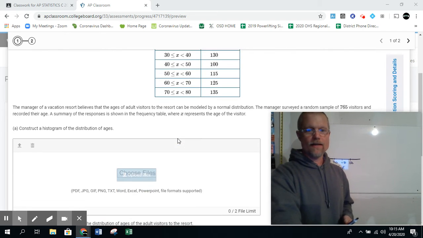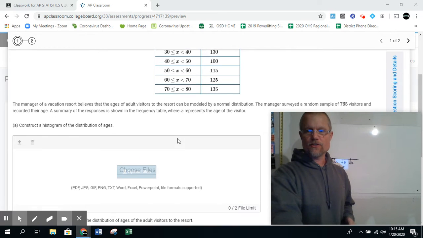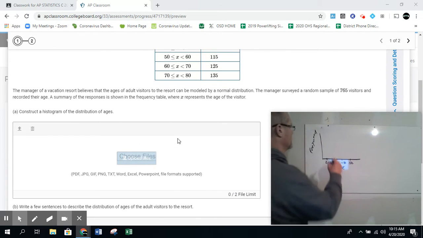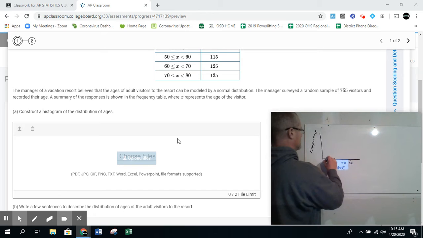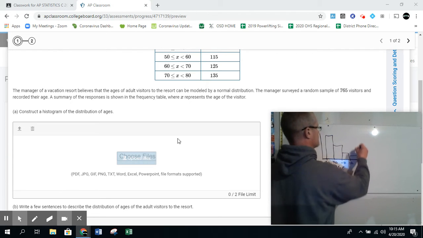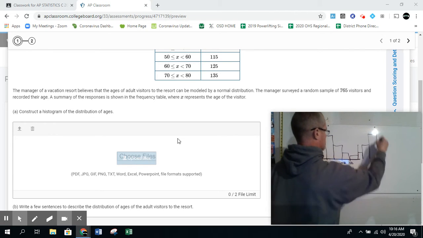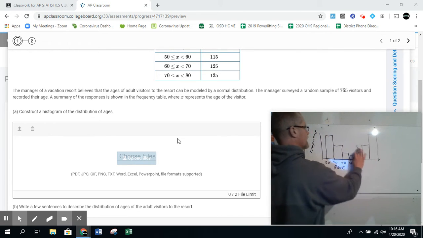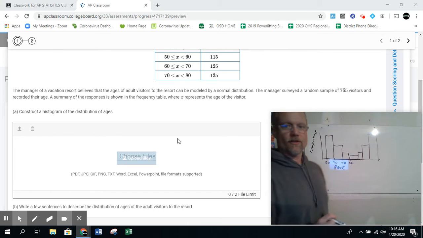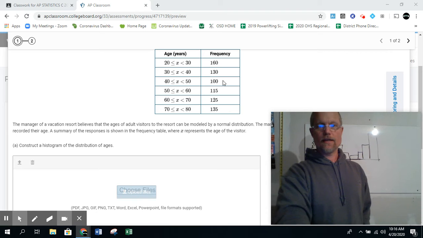All right. I'm going to give you just kind of an ugly picture of it, but it looks like this essentially. Something like that, okay? If you notice, the frequency is really low in the middle and higher on the two ends.